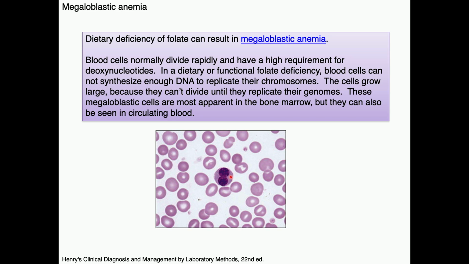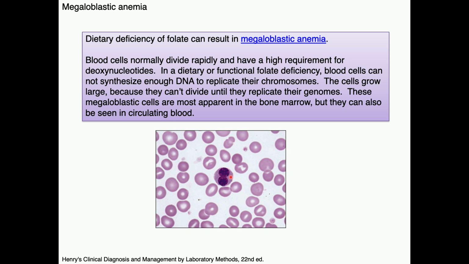So the macrocytic anemia that results from a folate deficiency or a vitamin B12 deficiency, the idea here is that the red blood cells are building mass. They don't have any problem with hemoglobin synthesis or iron metabolism or anything like that.